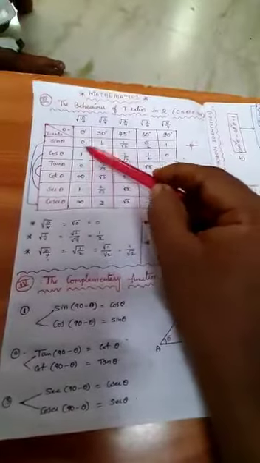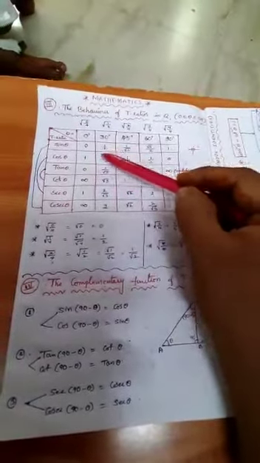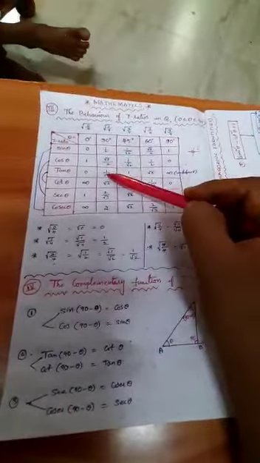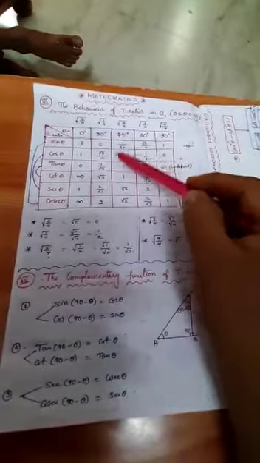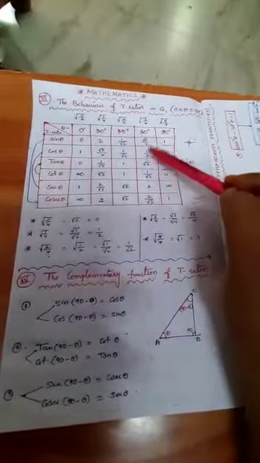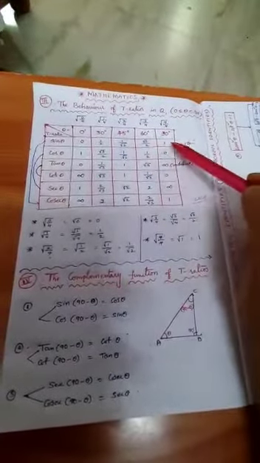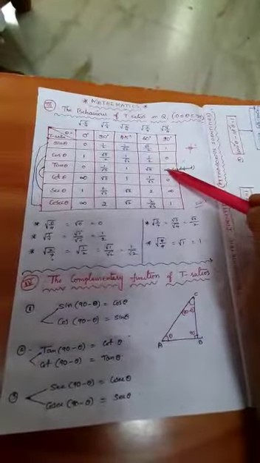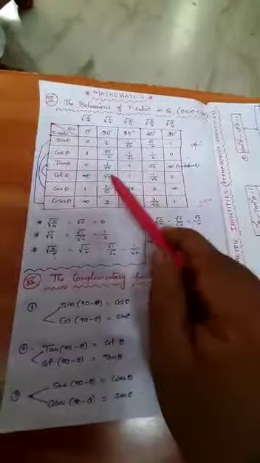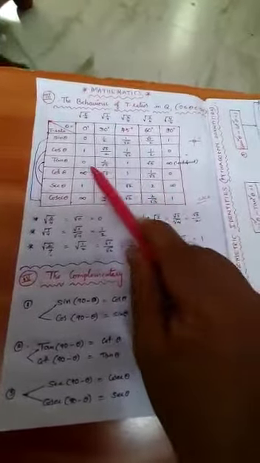Tan 0 is 0 by 1, which is 0. Then 1 by 2 divided by root 3 by 2: the 2 cancels, so you get 1 by root 3. Now 1 by root 2 by 1 by root 2: both cancel, the answer is 1. Again fraction by fraction, the 2 cancels, root 3 by 1 gives root 3. Here 1 by 0 is infinity. If you get tan, you can write it in reverse and you will get cot: infinity is here, root 3 is here, 1 is here, 1 by root 3, and 0 for 90 degrees.